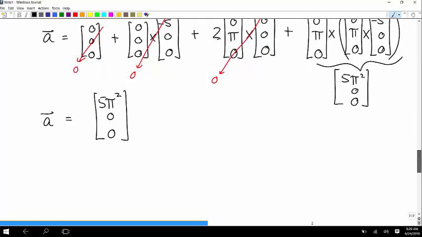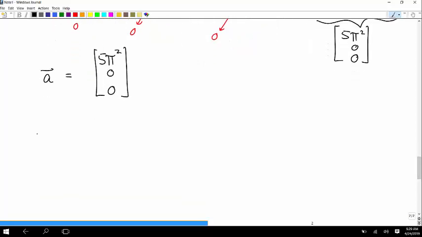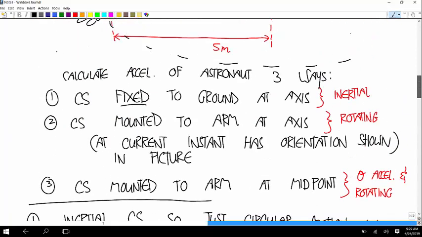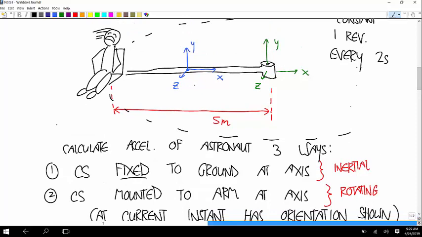Okay, so now we're going to do the deluxe model. So this one, the coordinate system is fixed halfway up the arm.